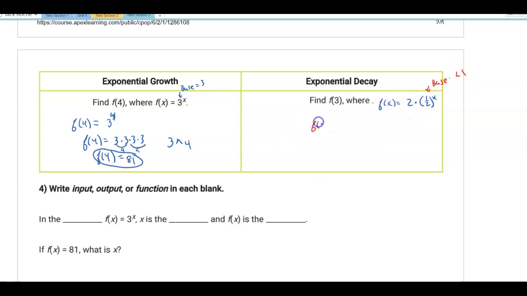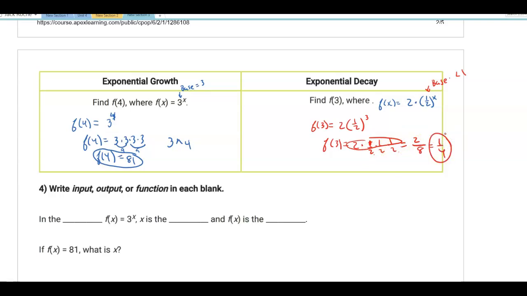So when I go to evaluate f of 3, it's 2 times 1/2 to the third power. 2 times 1/2 times 1/2 times 1/2 gives me 2 times 1 times 1 times 1 over 2 times 2 times 2, which is 2 over 8, and this reduces to 1/4.